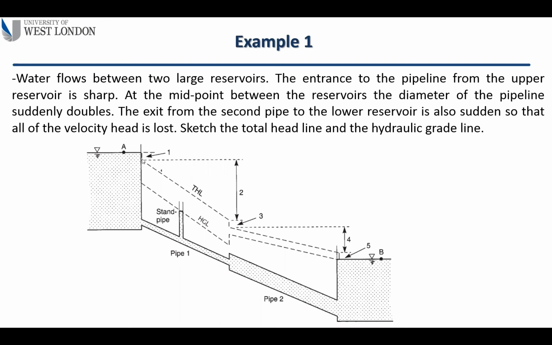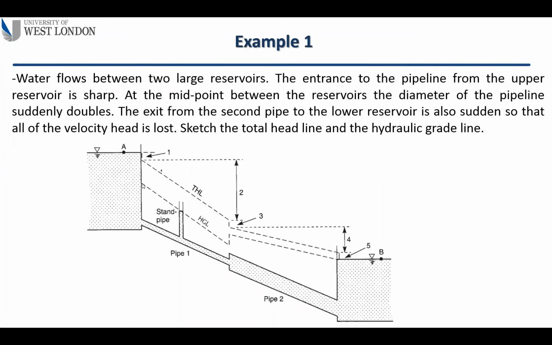As you know, the HGL is lower than the THL by the velocity head. The difference between THL and HGL is the velocity head. The HGL is what we can see in any piezometric pressure tube or standing pipe. It's the pressure that we can feel.